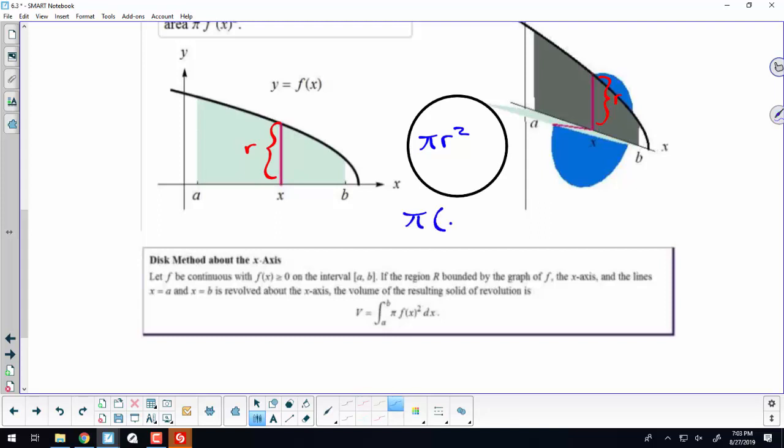So it's pi times the radius given by the function minus 0, pi r squared. That's the area of the cross-sections. And then we just throw that into our integral and we have the volume. That's the area of each disk or circle.